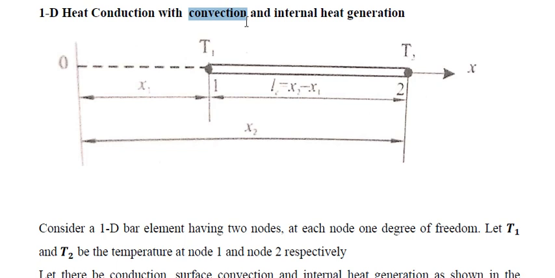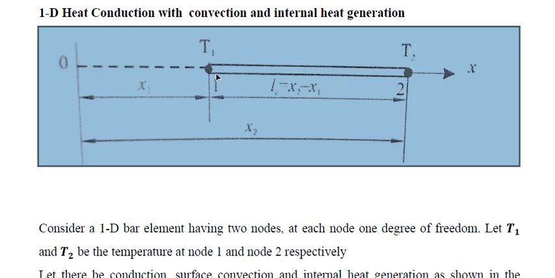Surface convection. I have not written end convection here. I am talking about surface convection. So this element is the same, as assumed. This is a 1D element. One element is here having node 1 and node 2. At each node there is 1 degree of freedom, so per element the degrees of freedom is 2.